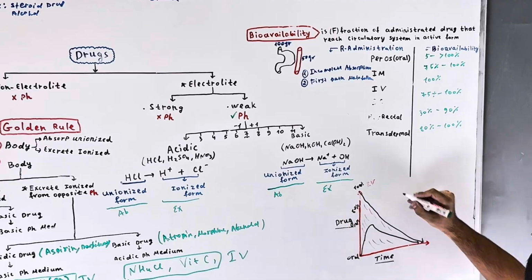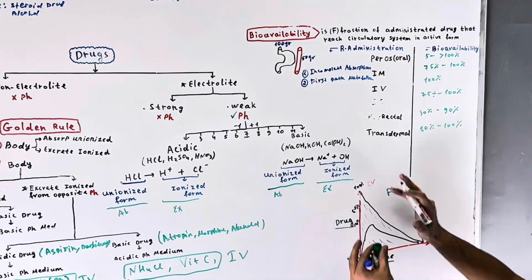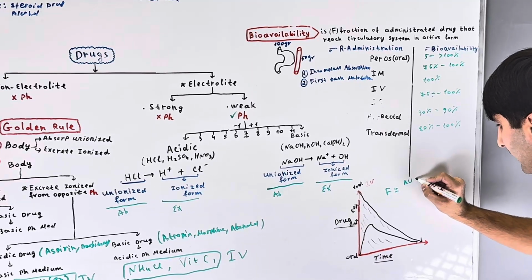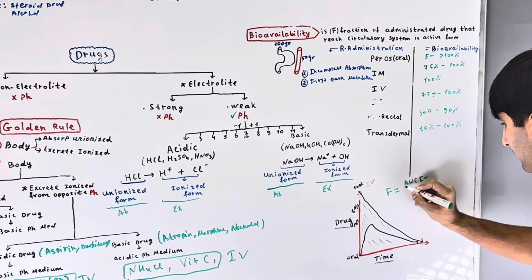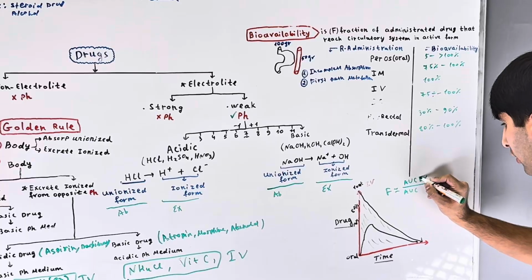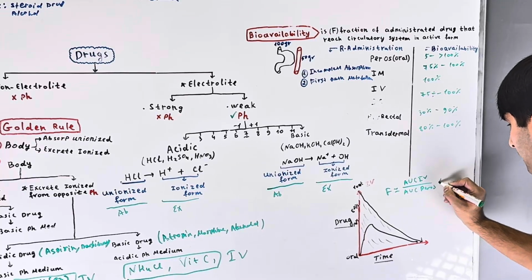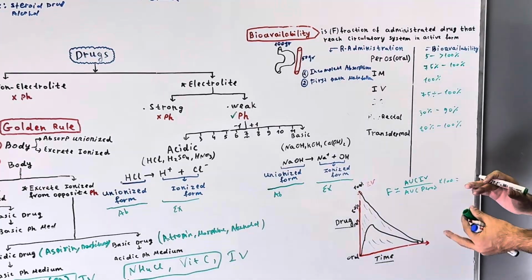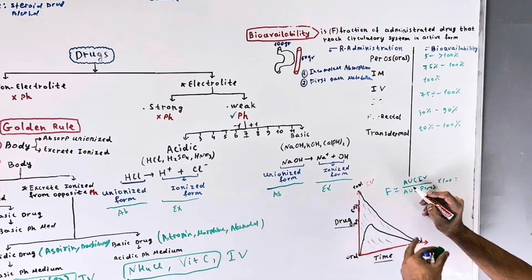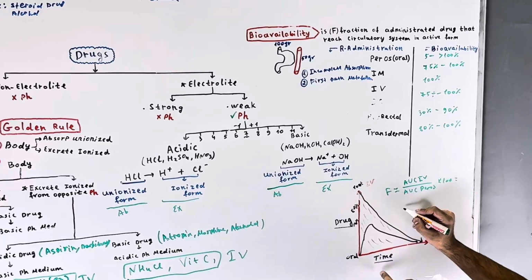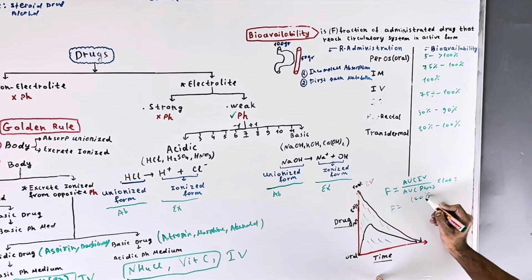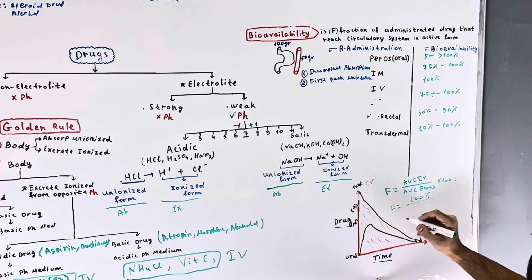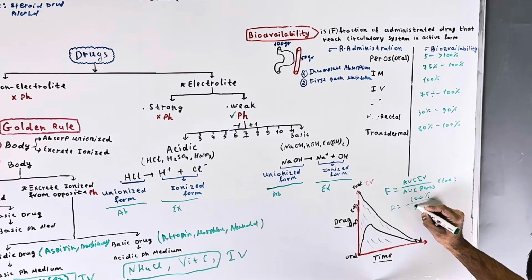That's why the formula for the bioavailability is the area under the curve of per os divided by the area under the curve of intravenous, multiplied by 100. It is the formula by which we calculate the bioavailability. For example, the area under the curve of intravenous is 100%. The area under the curve of per os, for oral types, can be 50.